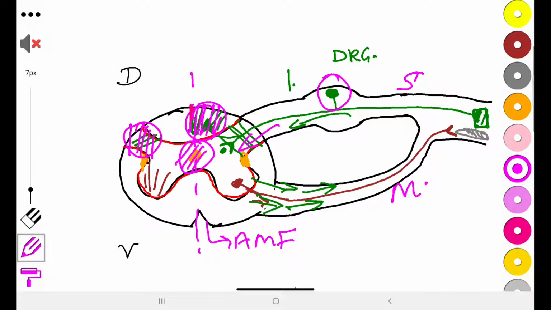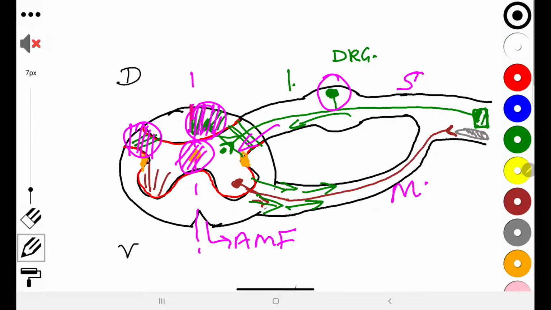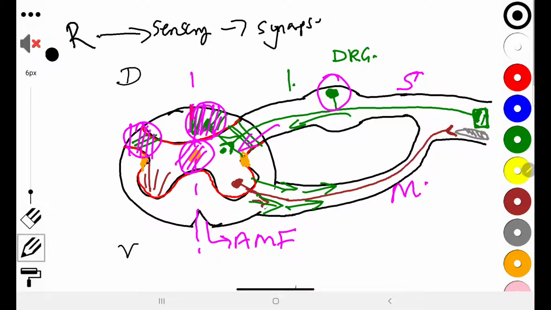Just to put everything together, we are appreciating what is happening from the receptors. So we say what is the stimulation there. Once we appreciate what the stimulation is, we ask what are the sensory fibers involved, and where do they synapse in the spinal cord?